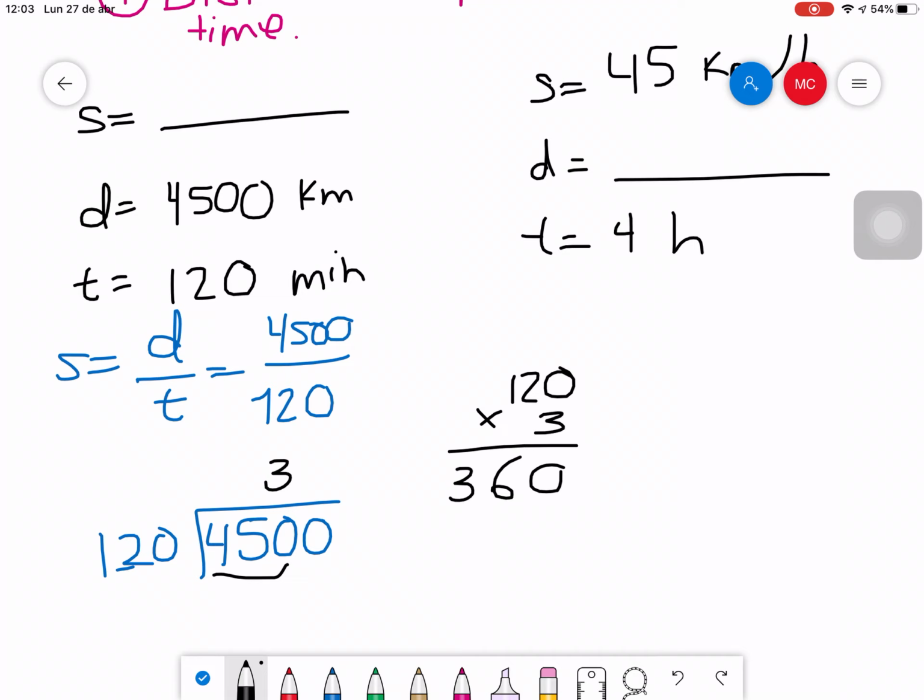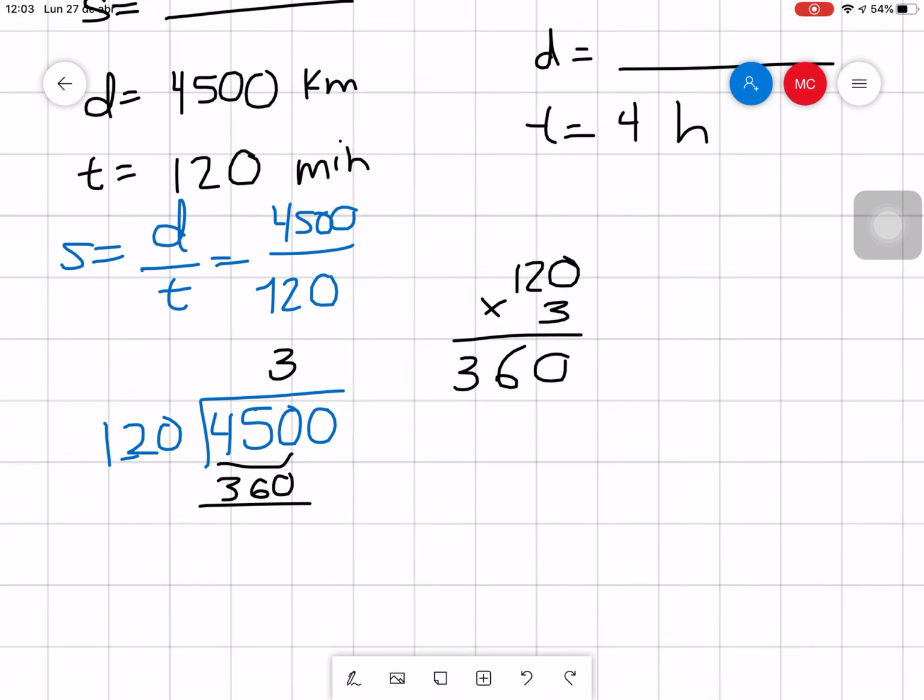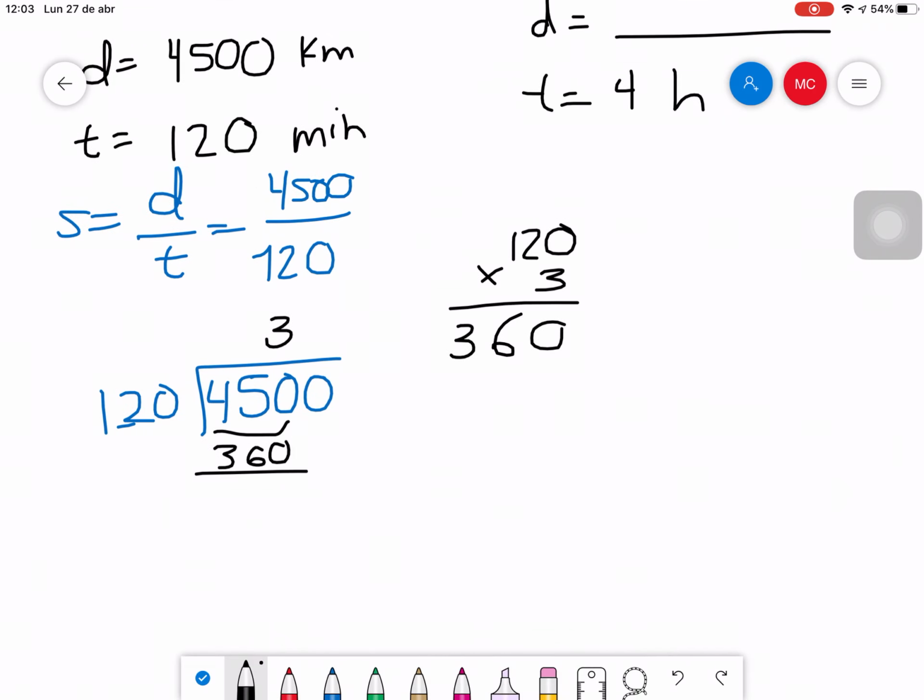So that means I need to subtract 360 out of this. Wait, I'm gonna move this, and I will go back later, okay? And then it is 0. Oops, I made this a 15. 15 minus 6 is 9. I put it down, and it is a 4 now. 4 minus 4 is 0.